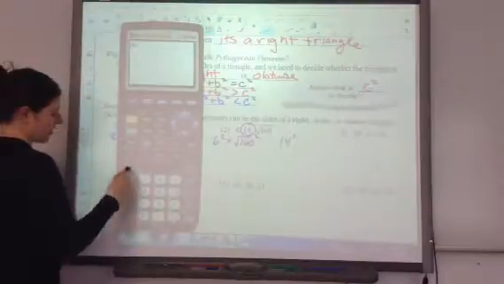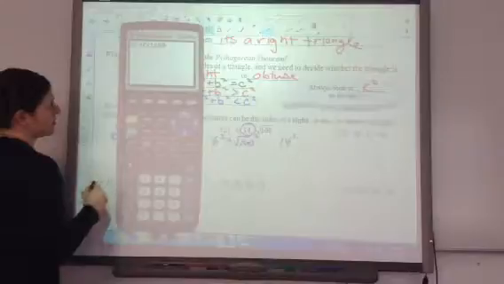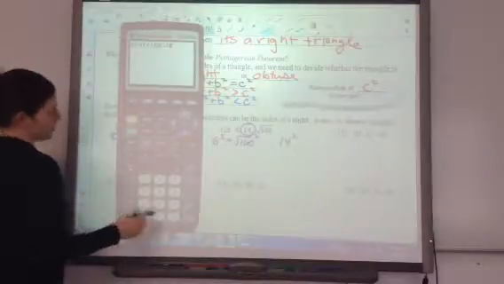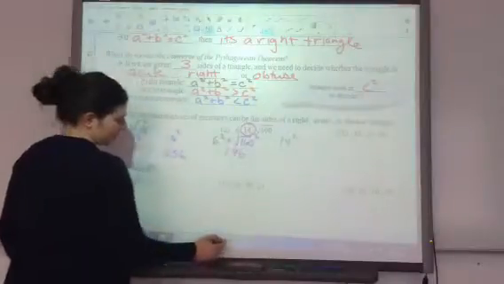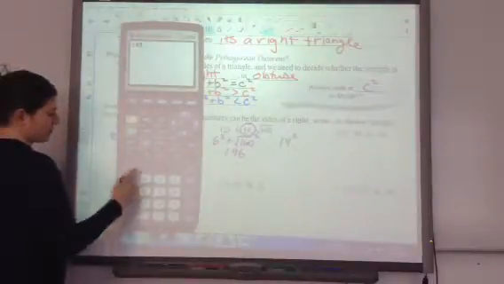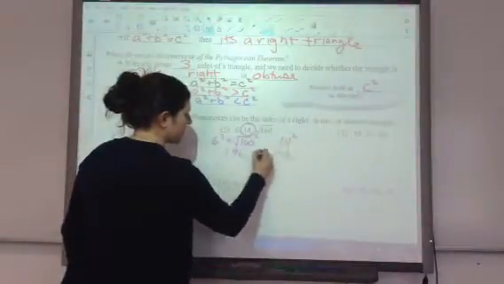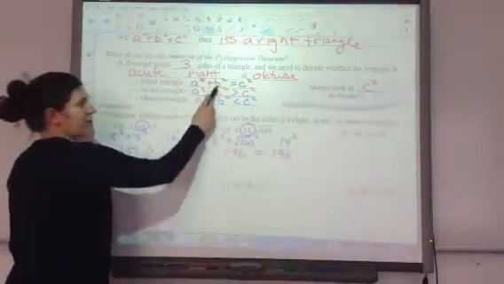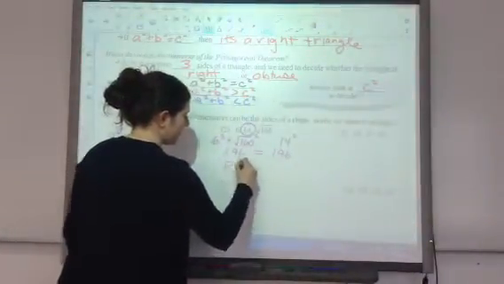So 6 squared plus the square root of 160 squared, close those parentheses, squared, it gives me 196. If I take 14 and square it, I get 196. So this time they're equal. When they're equal, it gives me a right triangle.